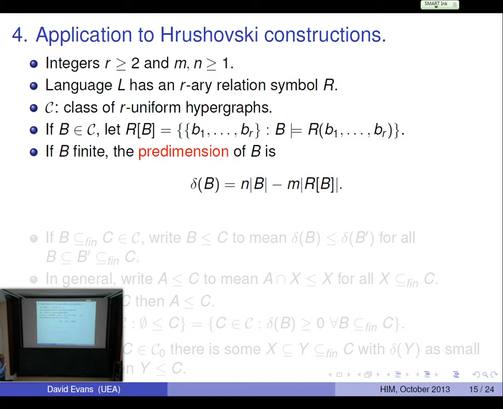If we take one of these finite r-uniform hypergraphs, we'll define the pre-dimension of B to be n times the number of vertices minus m times the number of hyperedges.